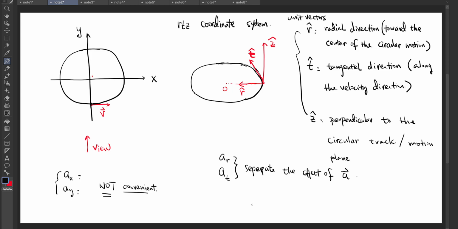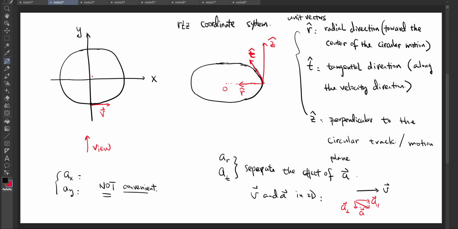Okay, so remember we talked about the relation of V and A in 2D. Let's say there's a velocity V and an arbitrary acceleration A. We want to decompose A into a perpendicular direction to the velocity and a parallel direction to the velocity.